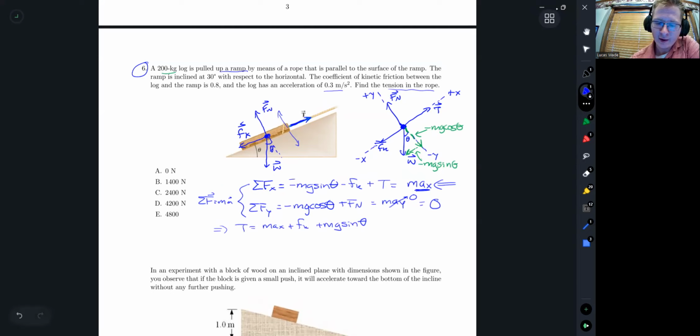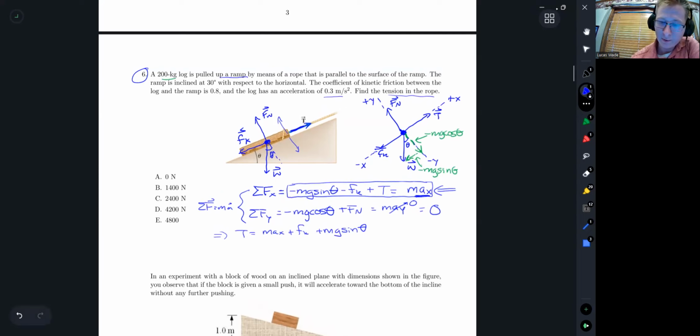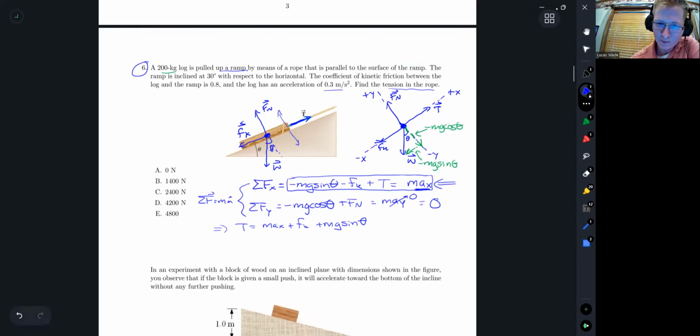We found that all of these forces should be equal to the mass of that log times its acceleration along the x direction, meaning along the ramp. And if we just rearrange that to get tension on its own, we get this equation I just wrote out. Does that make more sense, Kendra?